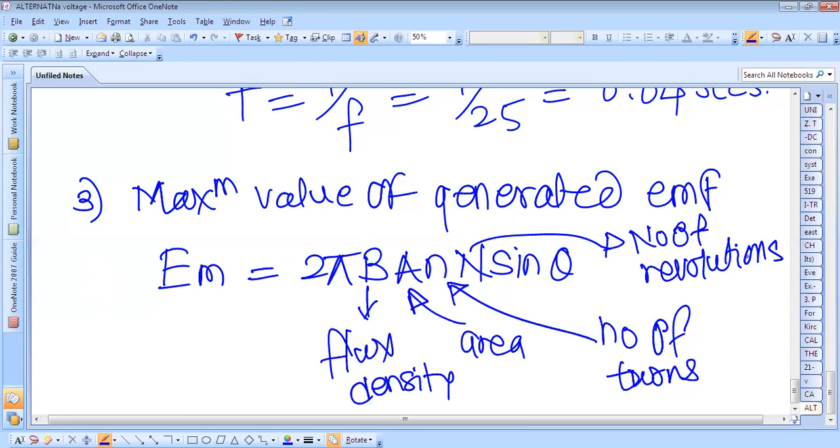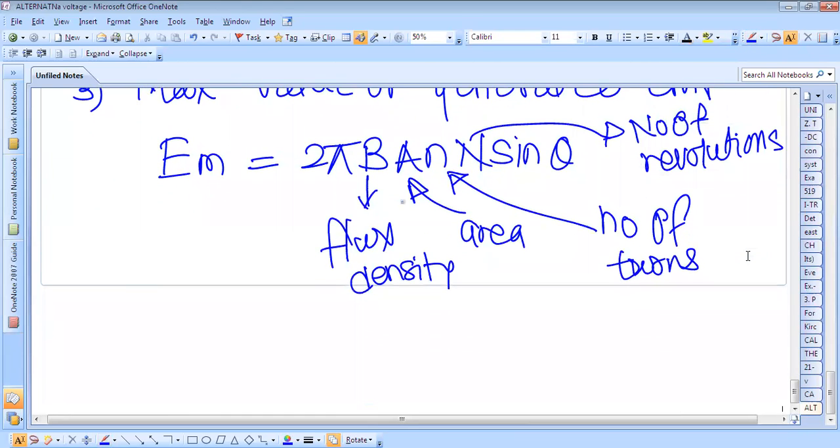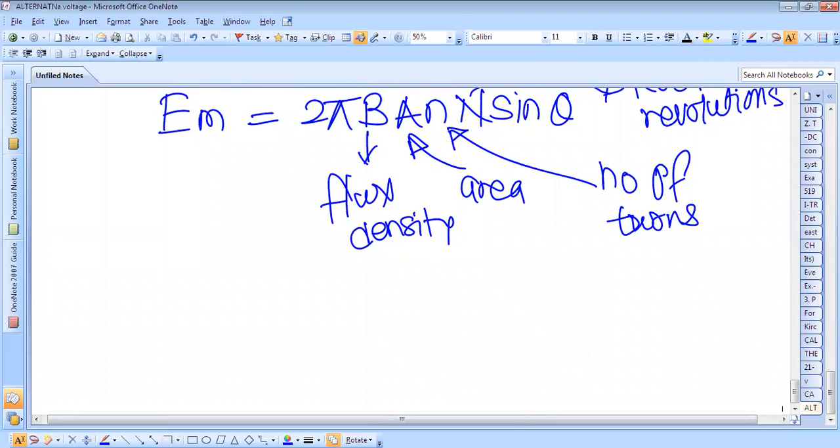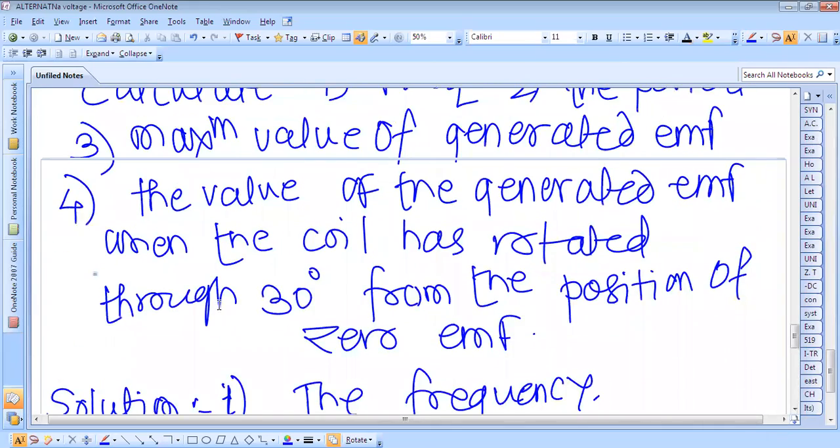First we have to find the maximum value of generated EMF.